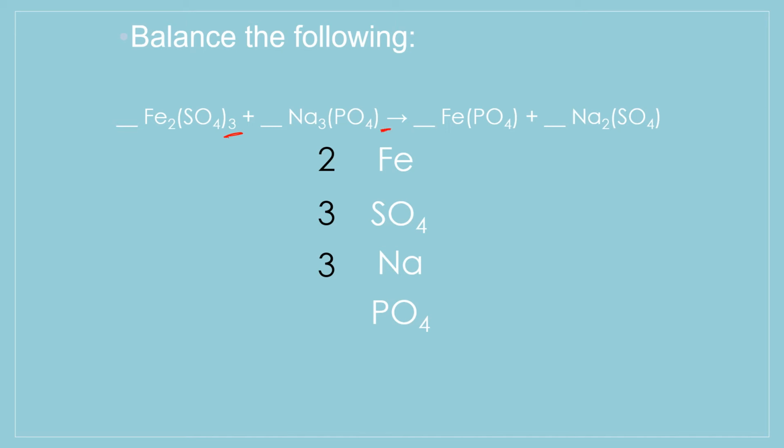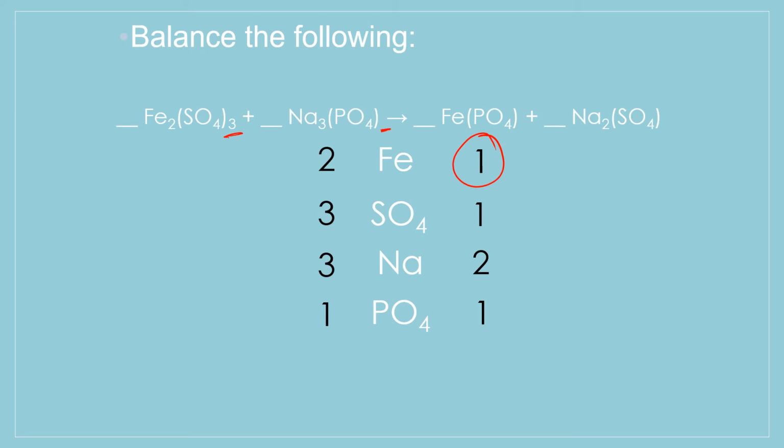It is part of my element. Again, polyatomic, you keep them together. So I'm looking on the outside of it, and there's no number, so it's a 1. Now on the other side, Fe is a 1. SO4 is a 1. Na is a 2. PO4 is a 1.